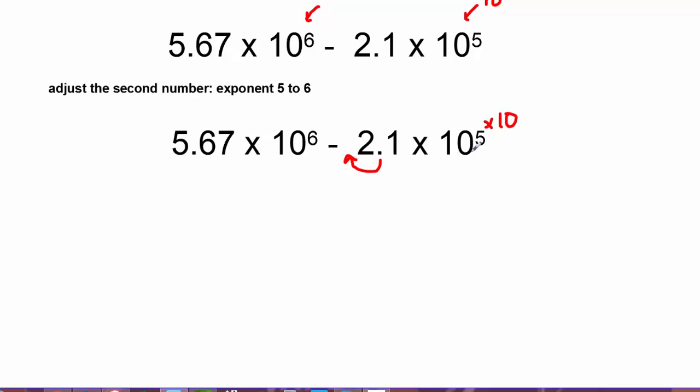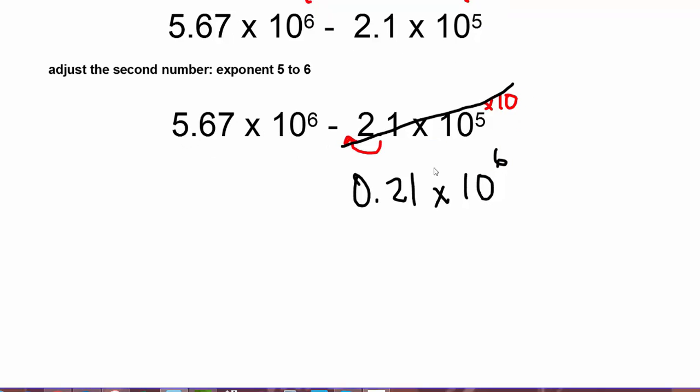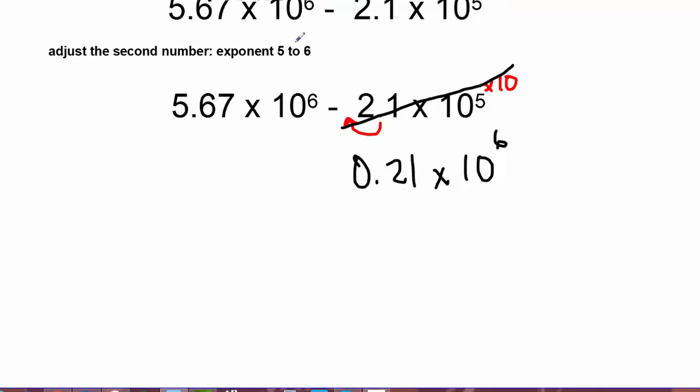So we can go ahead and adjust this number now and rewrite it as 0.21 times 10 to the exponent 6. And I can ignore that number there. Now I've got both of my numbers written in scientific notation with the same power of 10.